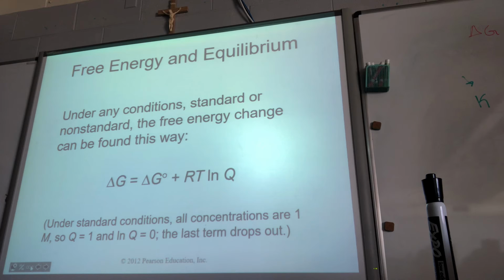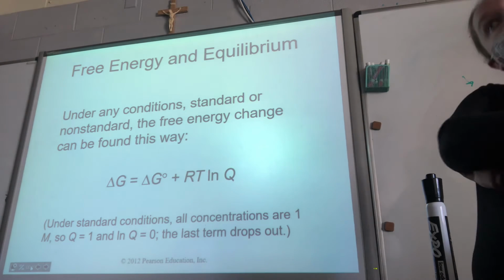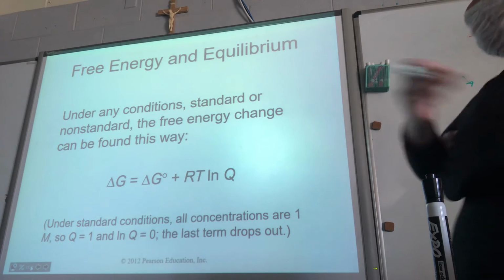The difference was K is at equilibrium. Q is the question mark. Q is, are we at equilibrium? Are we going to have to shift to the left to get to equilibrium? Are we going to have to shift to the right to get to equilibrium? This is called the Nernst equation.